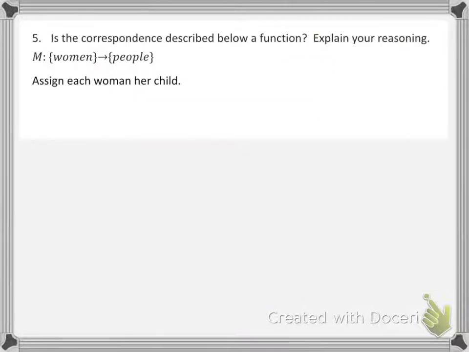All right. Number 5, is the correspondence described below a function? Where we're saying that the input is all women and the output is people, specifically children. We're going to assign each woman her child. So let's say we had woman A. Woman A could produce child 1.